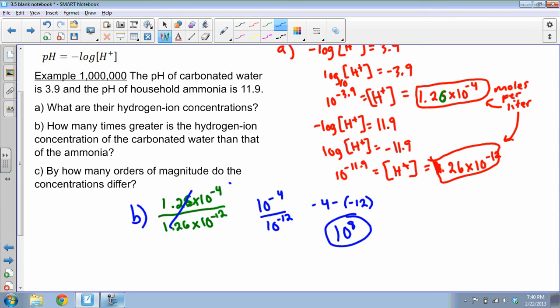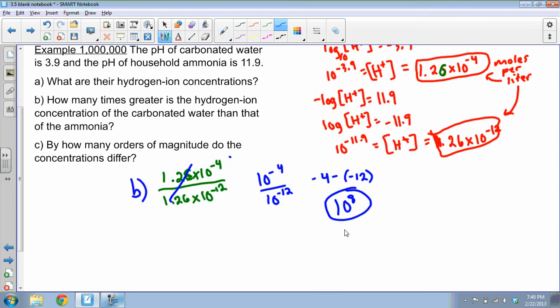It's 10 to the 8th power times greater. And part C says, by how many orders of magnitude do the concentrations differ? We can get that answer one of two places. We just said it's 10 to the 8th times greater, which means that it's 8 orders of magnitude greater.